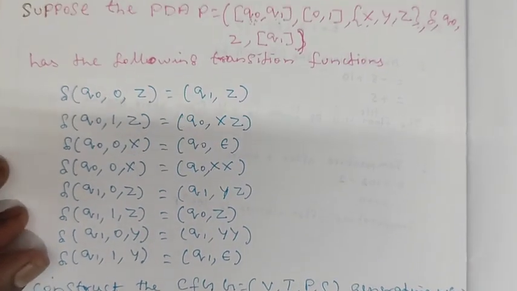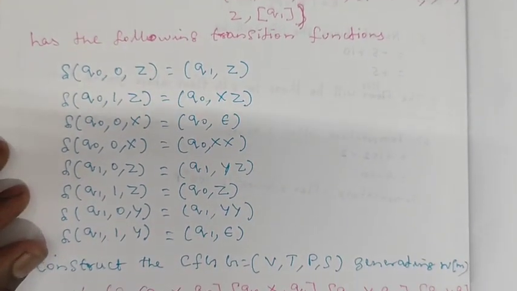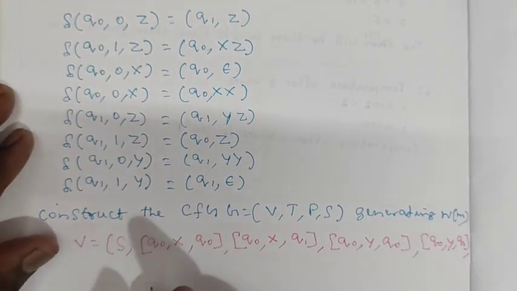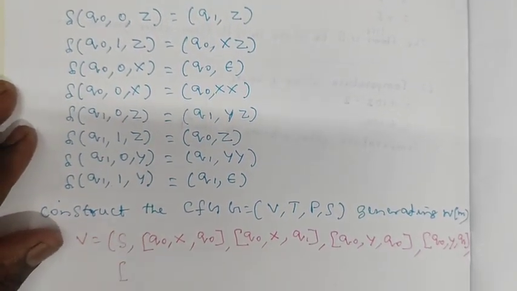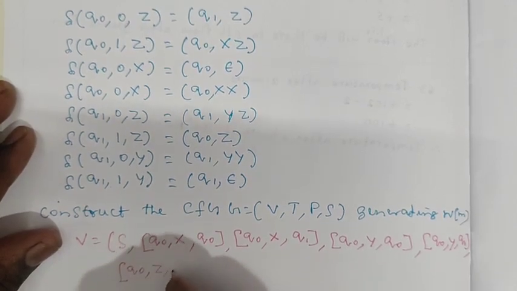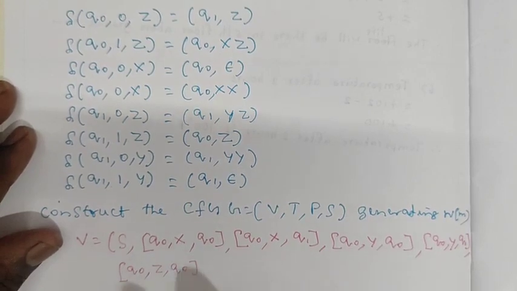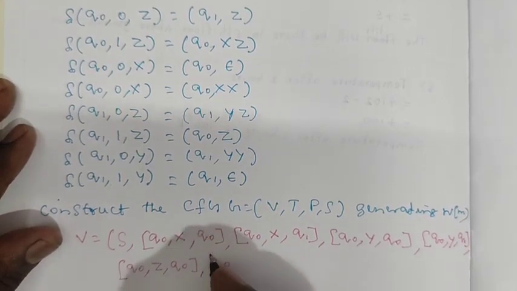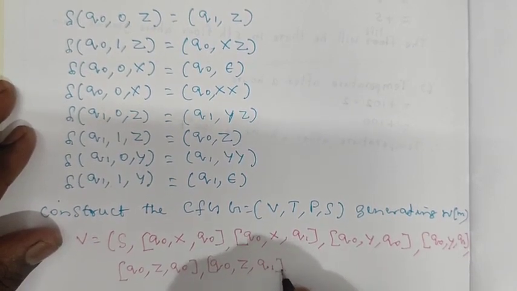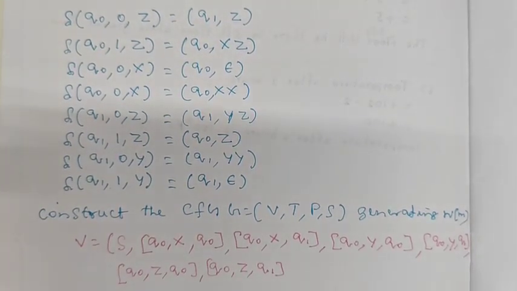Still one more symbol is there, that is Z. Now we go for Q0, Z, go to Q0, then Q0, Z, then go to Q1. Now we have done it only for the Q0 state here.